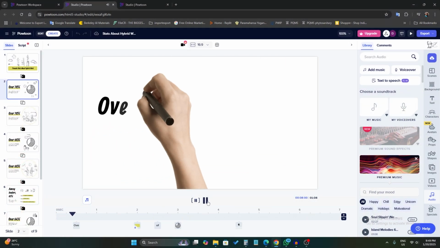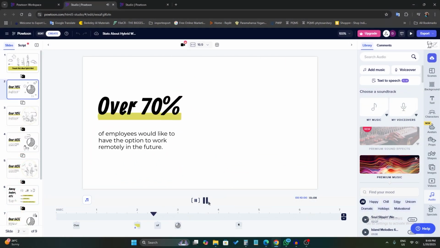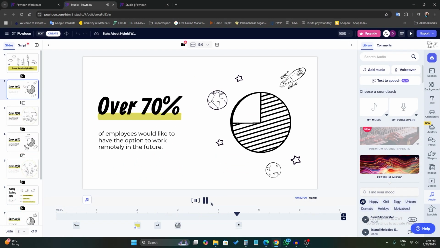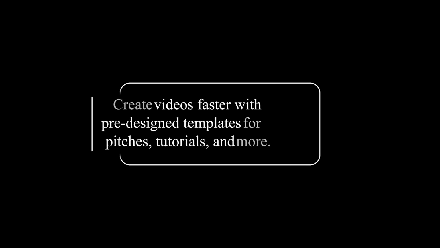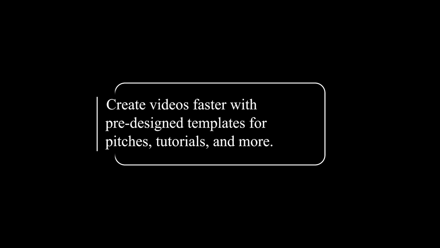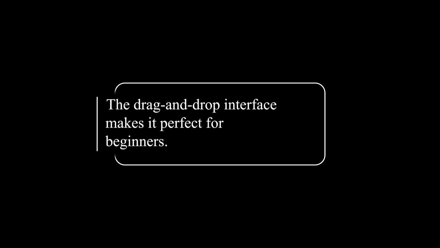Before we dive into the tutorial, let me quickly explain why Powtoon is such a game changer for video creation. Ready-made templates: create video faster with pre-designed templates for marketing pitches, tutorials and more. No editing experience needed: the drag and drop interface makes it perfect for beginners.